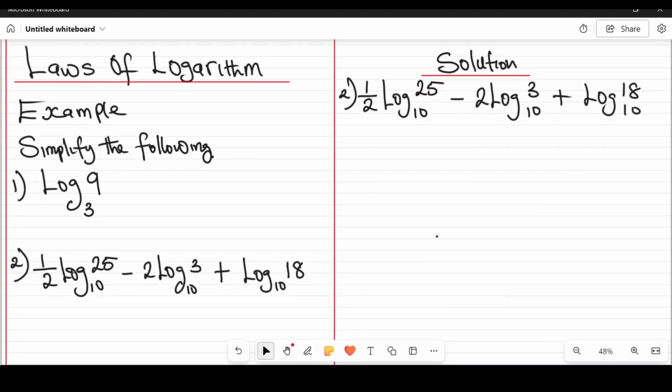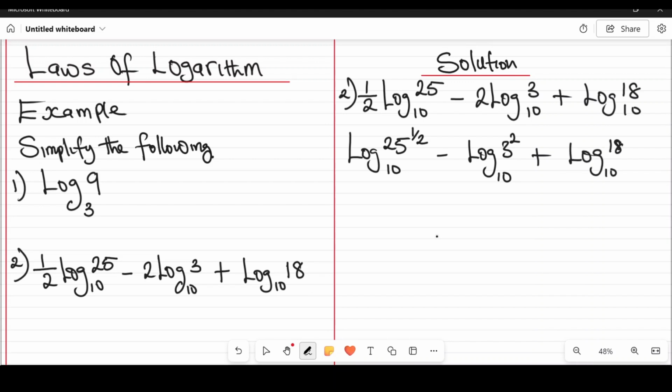Now, this is the number 2 question, and we have to be very, very careful because we have to obey some laws of algebra. So this number 2 can be written as log 25 to base 10 raised to the power of 1 divided by 2, from our index law, minus log of 3 raised to the power 2 to base 10 plus log 18 to base 10.